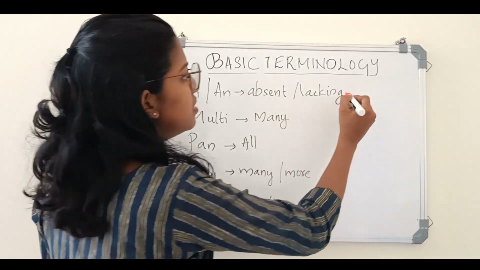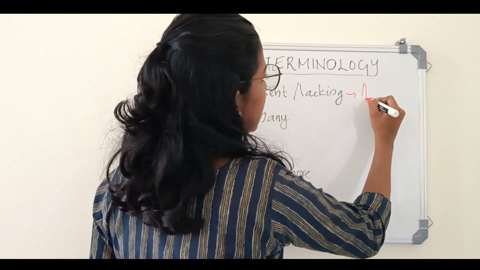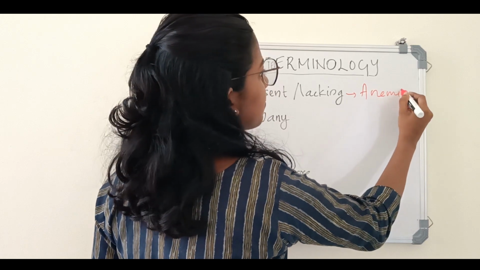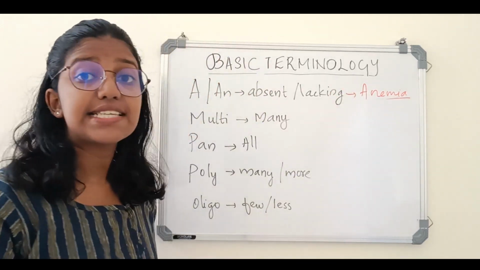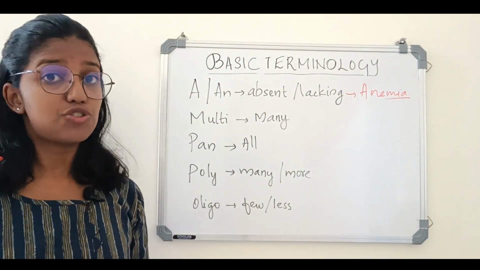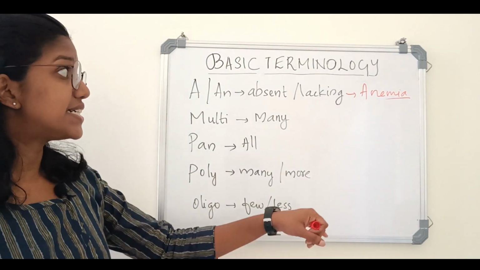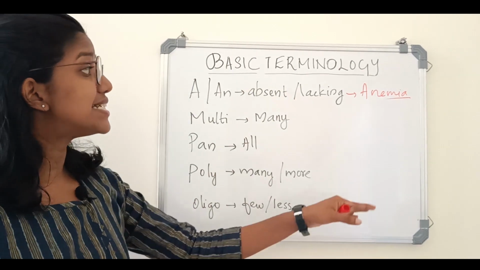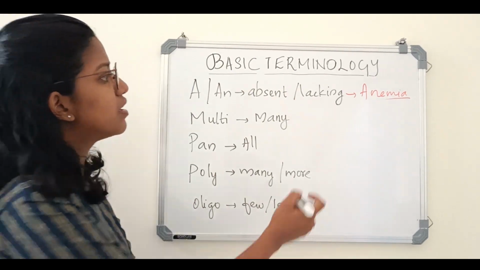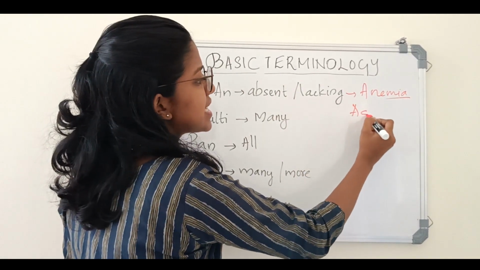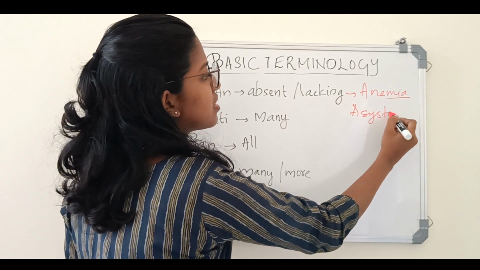For an example, I could say anemia. See guys, emia means anything related to blood. So decrease in the count of blood, or lacking of the blood, we can call it anemia. And another term is asystole.